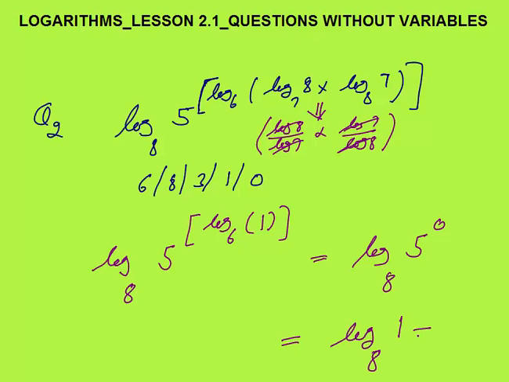So log of 1 to the base 8, again the answer is 0. You can solve this question verbally without writing in an exam. The only thing is that you need to imagine whatever I have solved. If you can imagine whatever I have written in your brain, there is no need to write. If I have to solve this question in exam, I will definitely solve it verbally without writing, and that is what you need to learn.